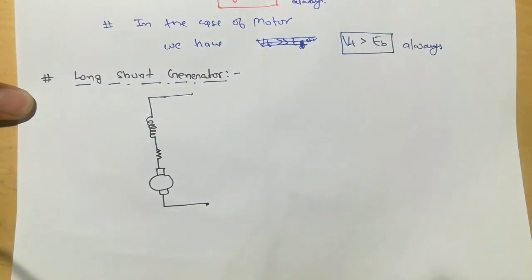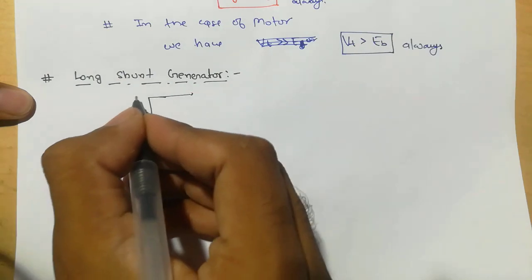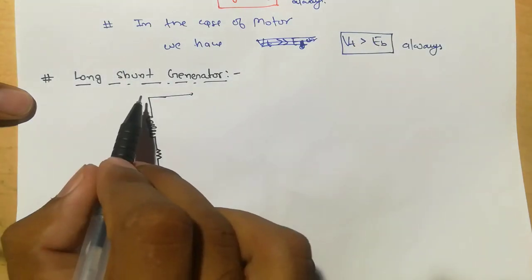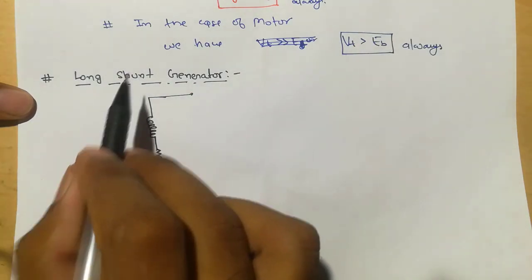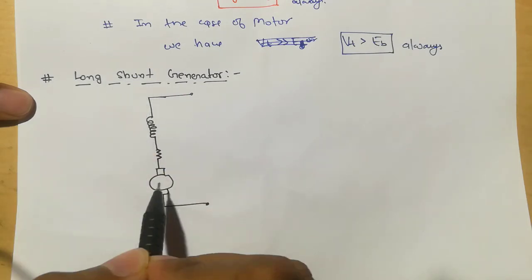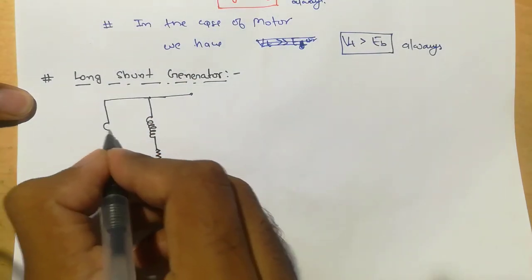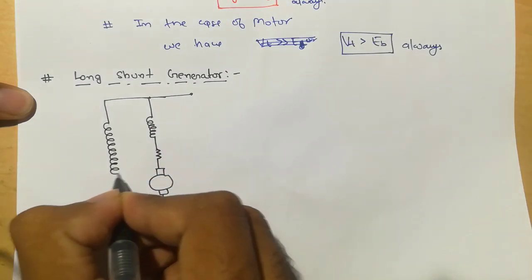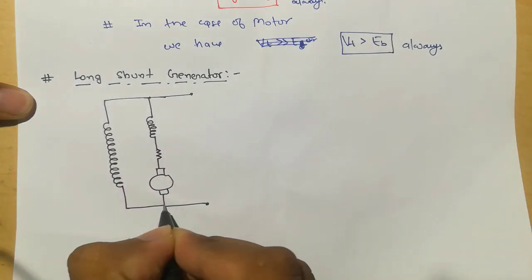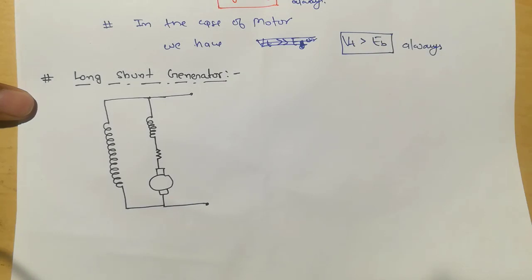Now for the long shunt, we will connect a shunt winding in parallel with the armature and series winding like this. This arrangement of the connections is called the long shunt generator.